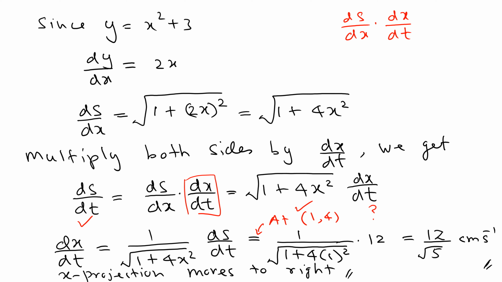So now we'll see how we can do this if you know a little bit of physics. We can actually do this problem in a slightly different way. And also, if you need the dy over dt, what are you going to do? This time we multiplied by dx over dt. If you need dy over dt, we're going to multiply this equation by dy over dt on both sides.